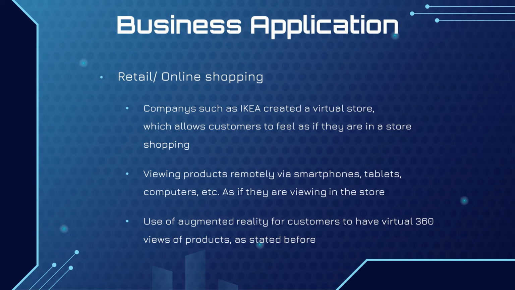An example would include IKEA's Reality Kitchen experience, which is a 3D rendered view of multiple products straight from the company, which allows consumers to view on their smart devices as if they were actually in the store.